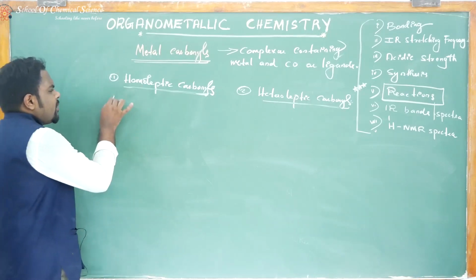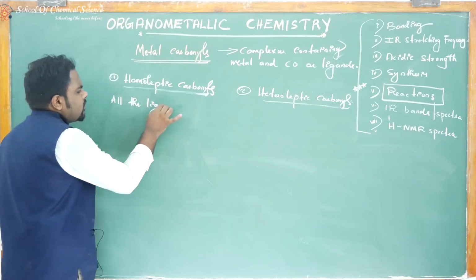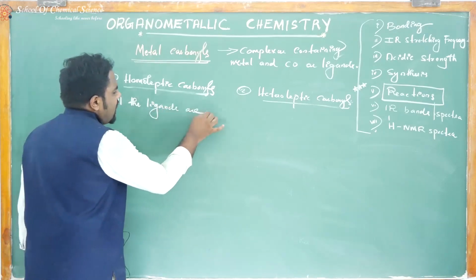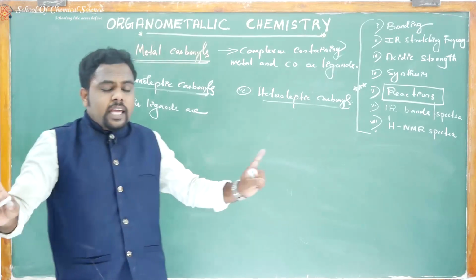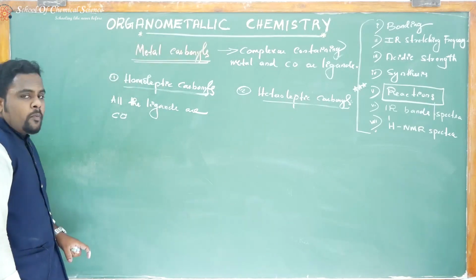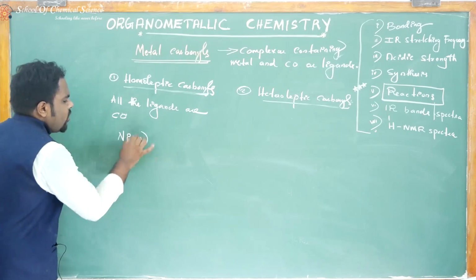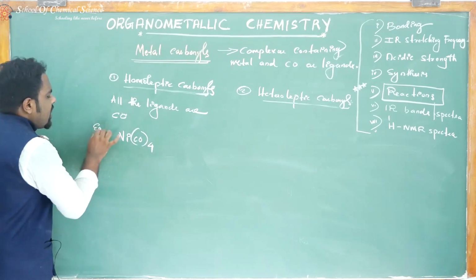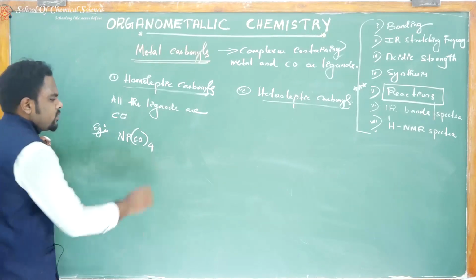In homoleptic carbonyls, all the ligands are carbon monoxide. So the metal is connected to only carbon monoxide. Such complexes are called homoleptic carbonyls. For example, Ni(CO)4, nickel tetracarbonyl. Nickel is connected to 4 carbon monoxide.